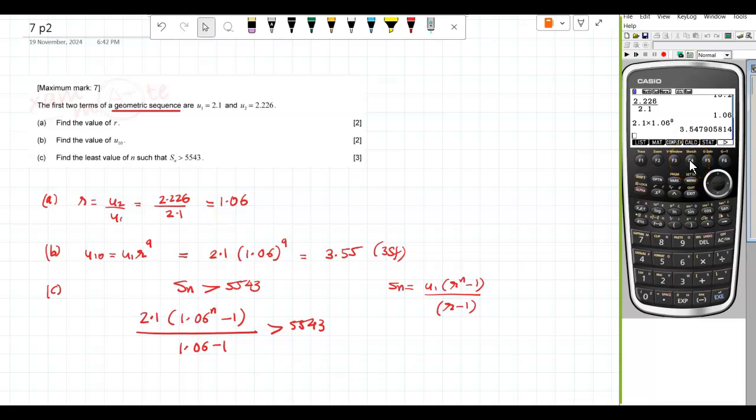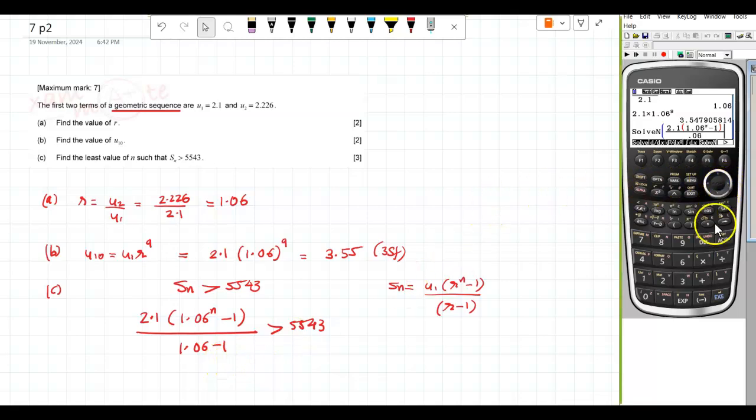Calc, solve n. Correct, you make it equal to 2.1, open bracket, 1.06 raised to n (use the x variable), minus 1, close brackets, divided by 1.06 minus 1, which is 0.06.